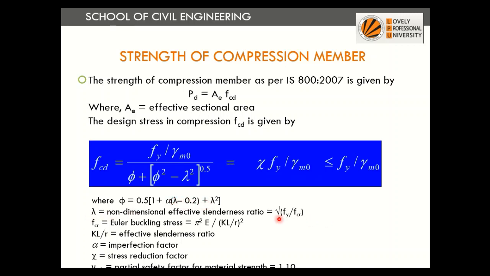Lambda is nothing but under root fy by fcr. What is fcr? fcr is equal to pi square E upon lambda square, right? Pi square E upon KL upon r whole square. So when we put fcr in this, we will get lambda. When we put lambda and alpha value from that table, we will get phi. Then we can put all these values, we will get fcd.